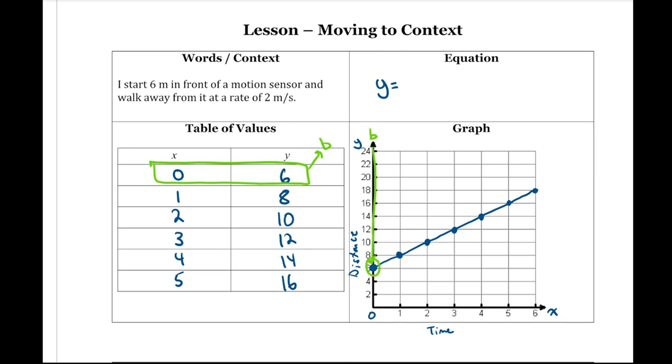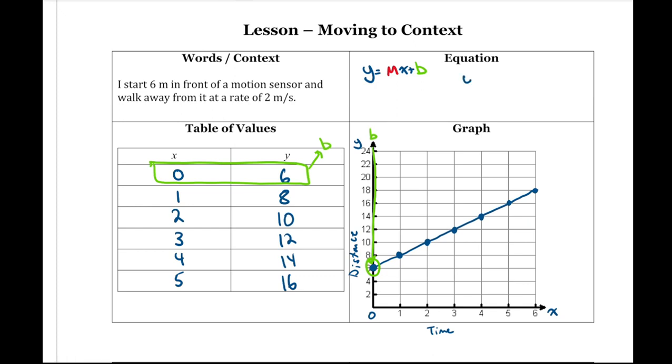So that b value in our equation, let me just write down the general equation, y equals mx plus b, with the b value being our y-intercept or starting value, and our m value being the slope.